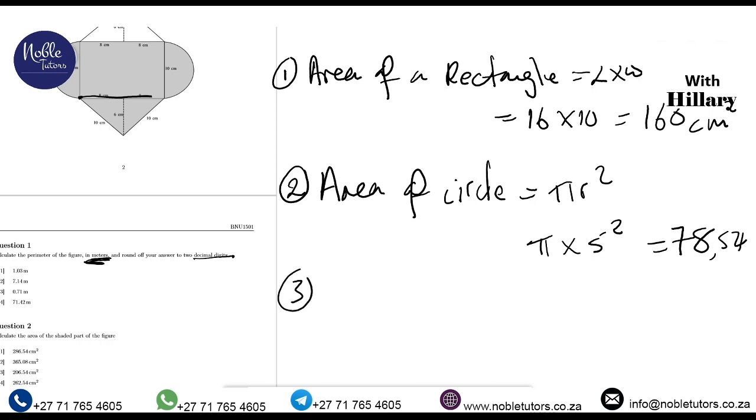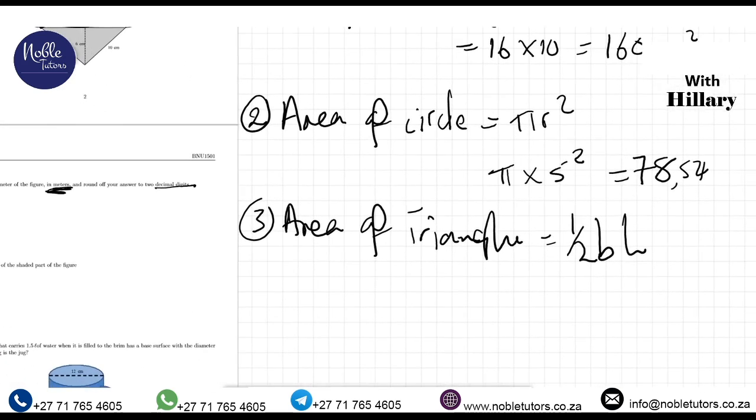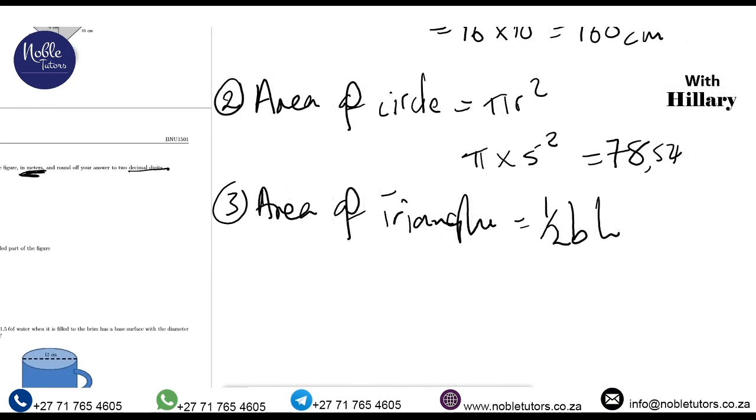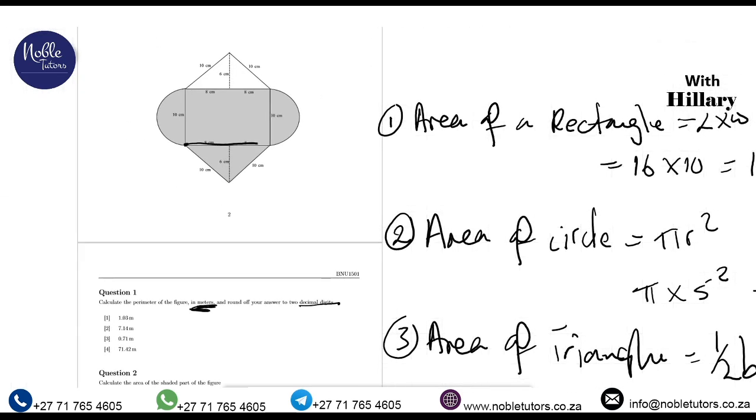Then thirdly, you calculate area of a triangle, which is half base times height. So area of a triangle is half base times height. Our base is always the side that is sitting of a triangle, right? However, we're not using this triangle, but that triangle.